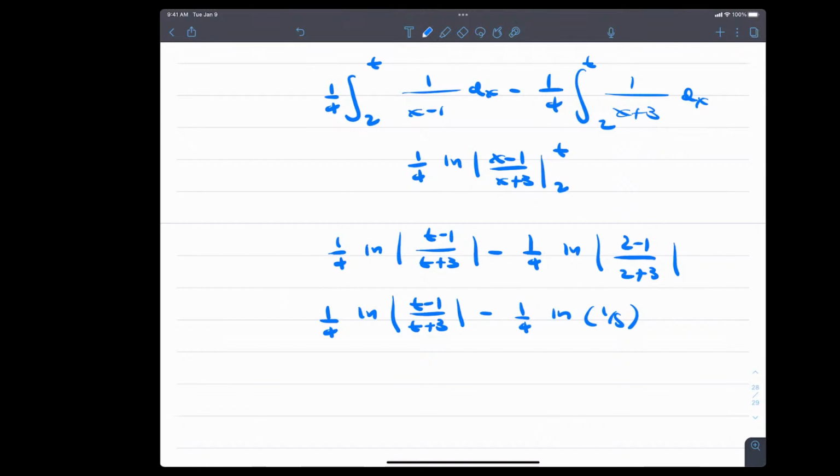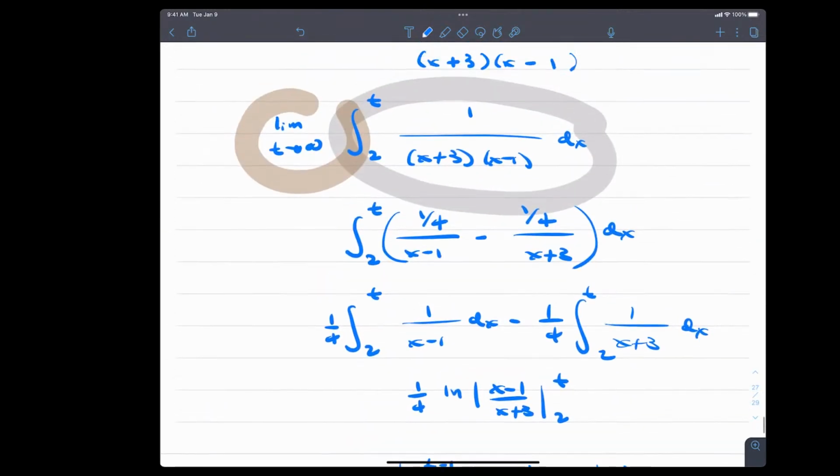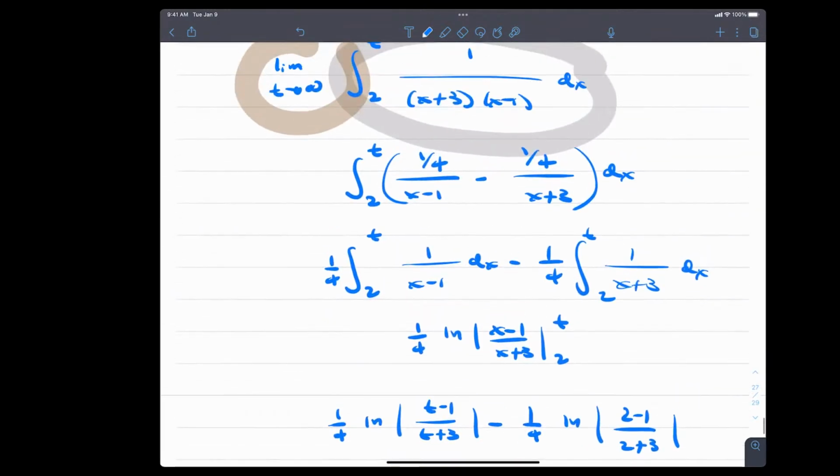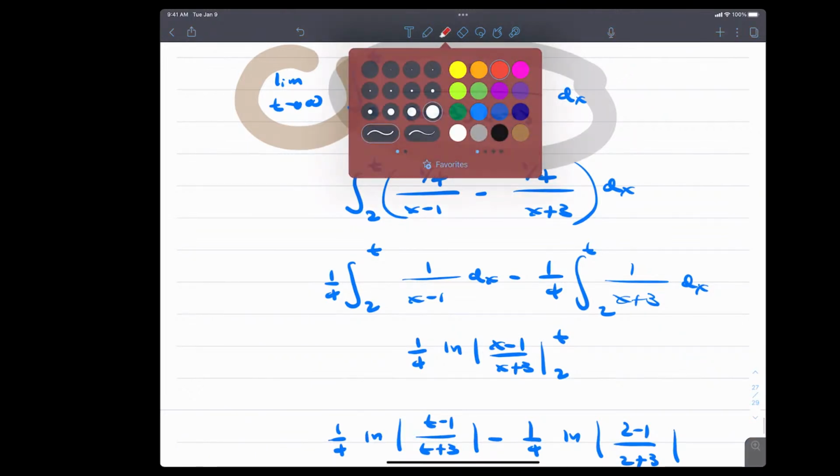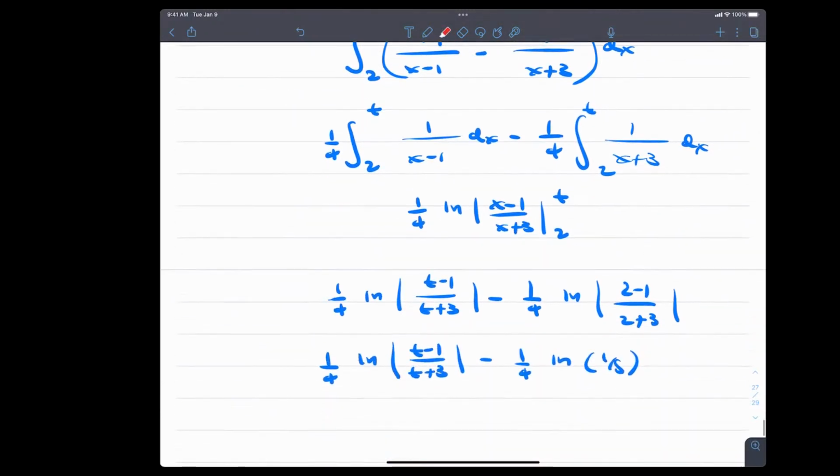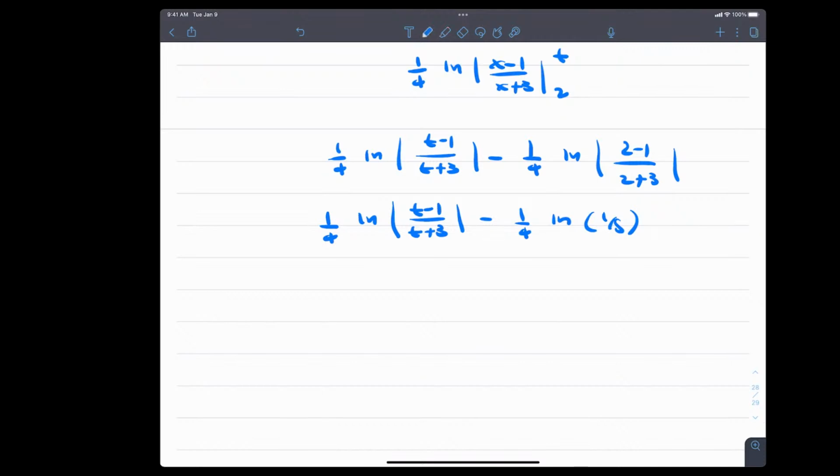I don't know why that sounds familiar, like we did it already. I don't know, but if you guys say we didn't do it, we didn't do it. And then the limit, what's the limit now? T goes to what? Infinity. So the limit as t goes to infinity of 1/4 natural log of t minus 1 over t plus 3.